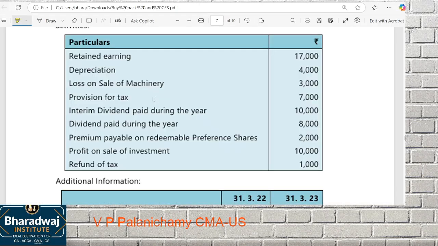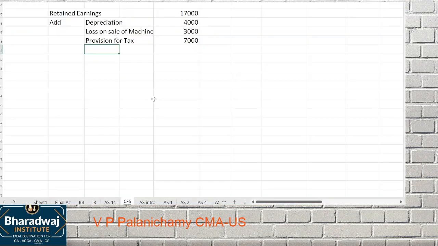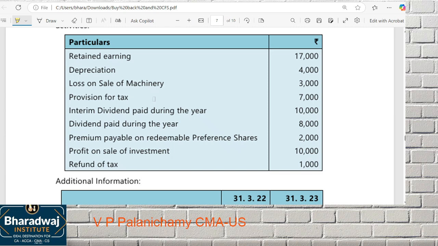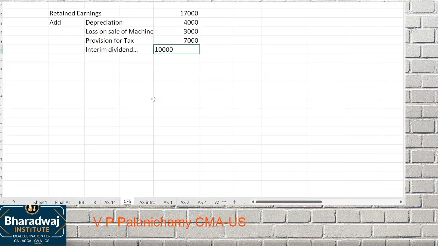Then what is the next one? Interim dividend paid. How much has been paid? 10,000. That is declared or proposed and paid. Dividend paid also. There is no opening or closing balance. It is like declared and paid for the year.